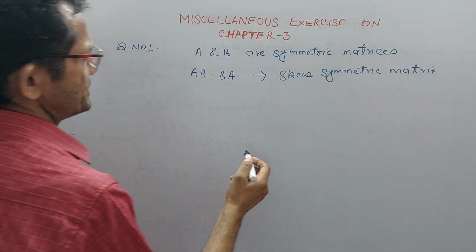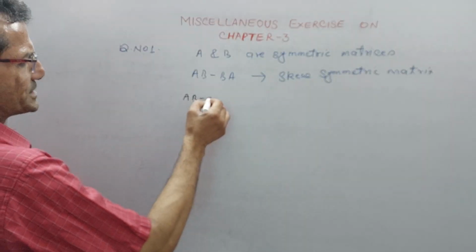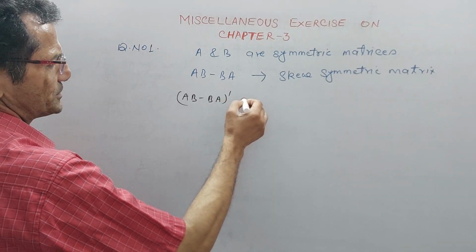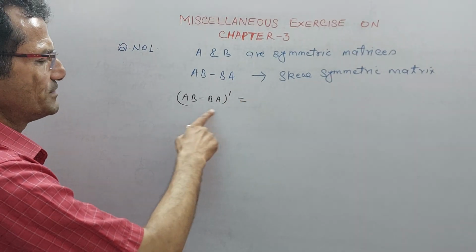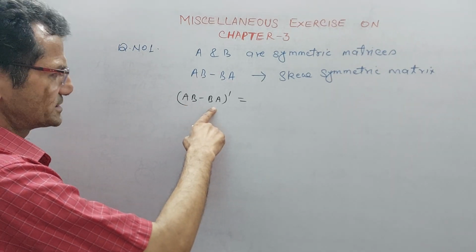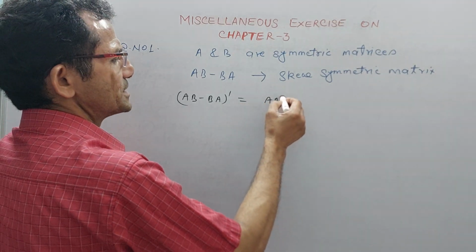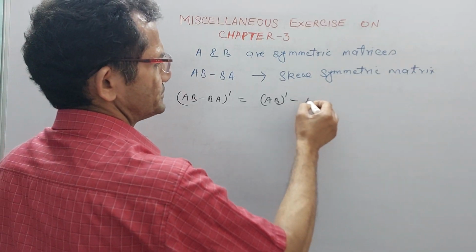Now for the skew symmetric matrix, just finding the transpose of this one. First apply the transpose of the difference of two matrices: transpose of AB minus transpose of BA.